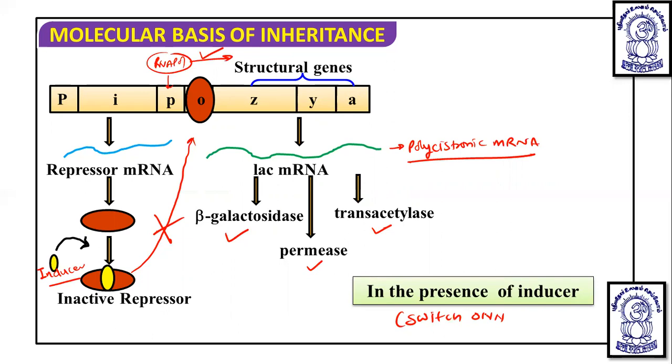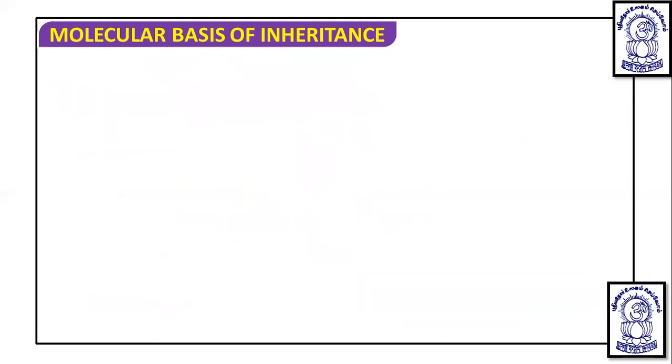Now after this switch on and switch off understanding, if inducer is there, then it is a switch on condition, and in the absence of inducer it is a switch off condition.